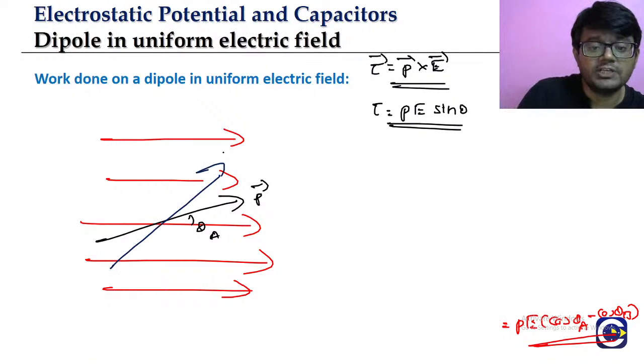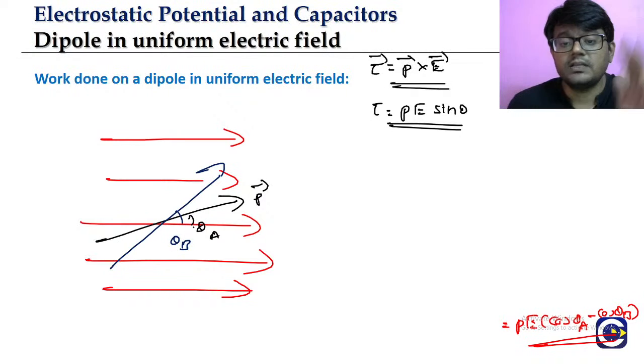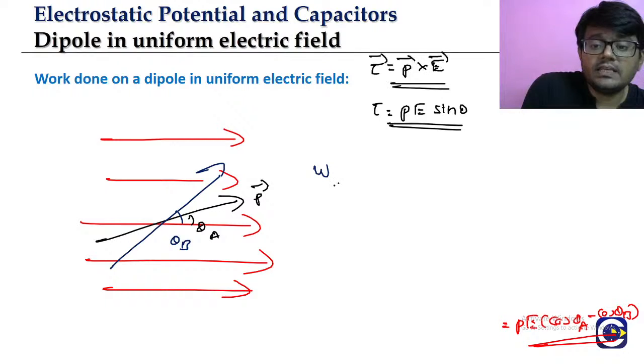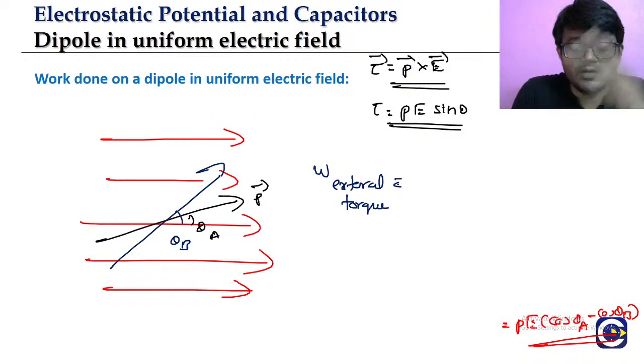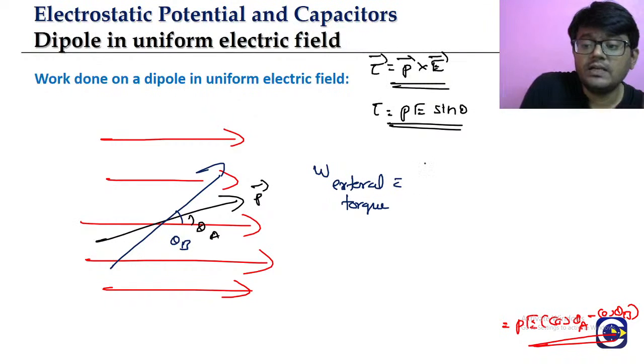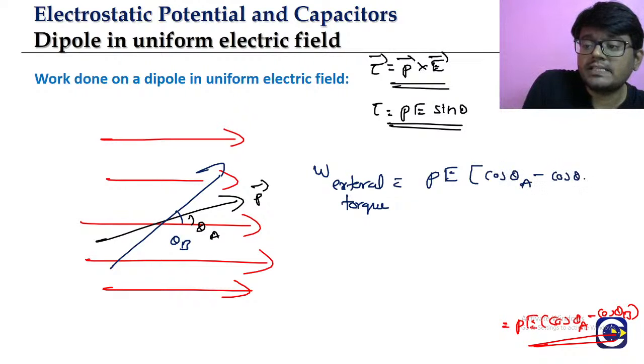This is the final position, where the angle is theta b. When we rotate it, we do the work by the external torque, and its value is p E into cos theta a minus cos theta b.